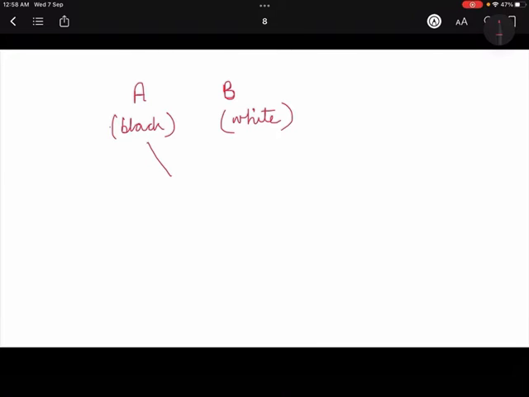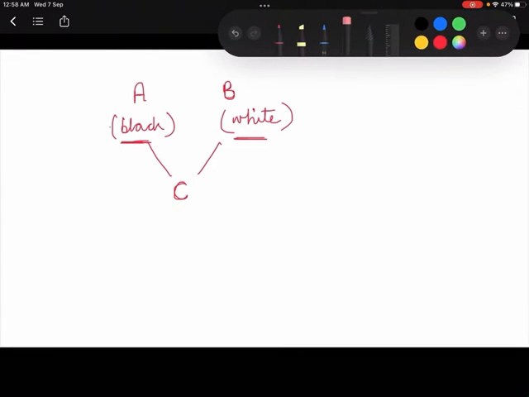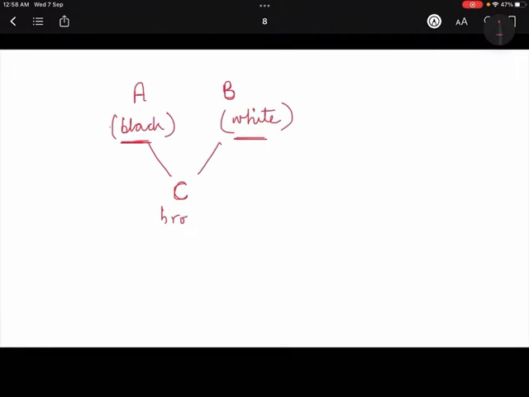So it may happen that the child does not exhibit pure black color or pure white color. It may turn out to be a wheatish skin tone, a skin tone which both the parents do not exhibit, but a slightly brownish skin tone. Okay, so this is recombination.